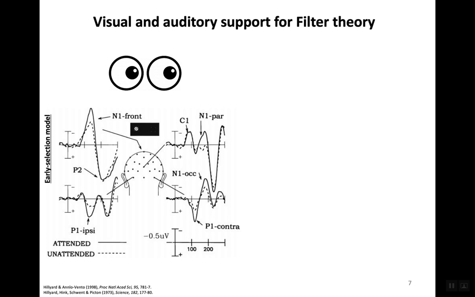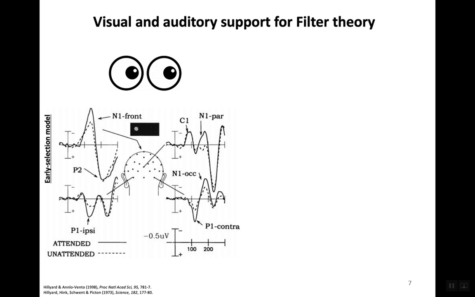And what they found across a number of occipital electrodes, both on the same side as the visual field, called here ipsi, or on the other side, contra, was modulation in the amplitude of P1 and N1.